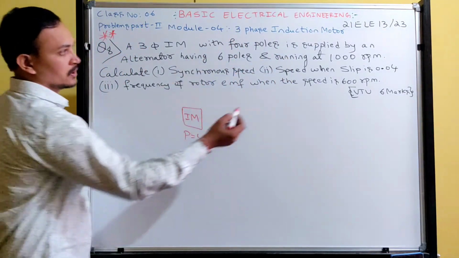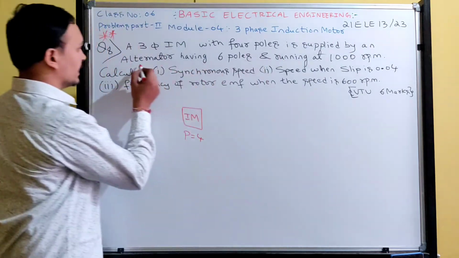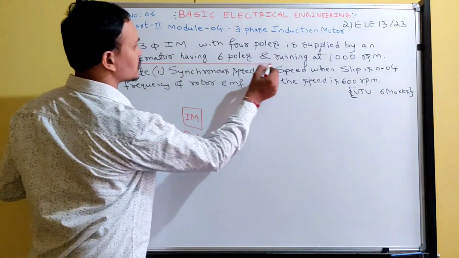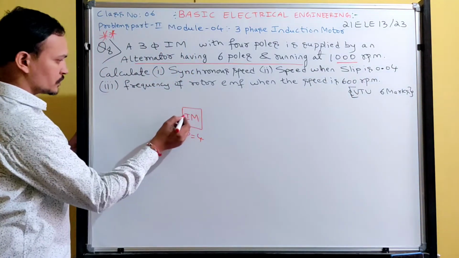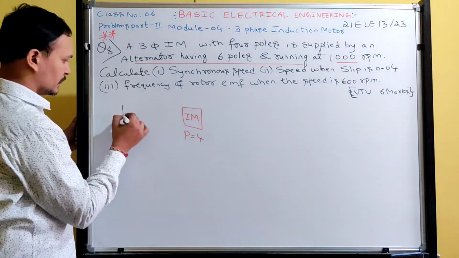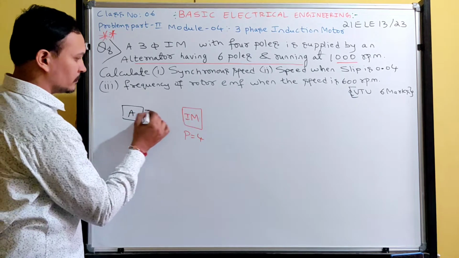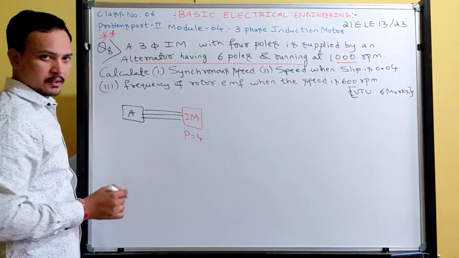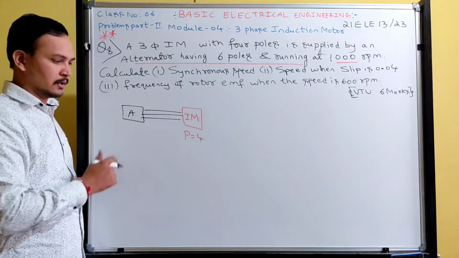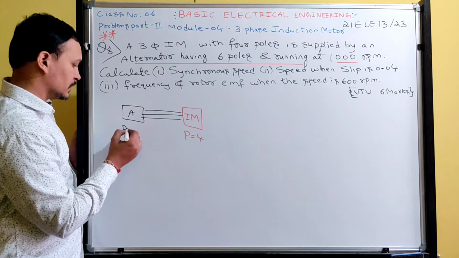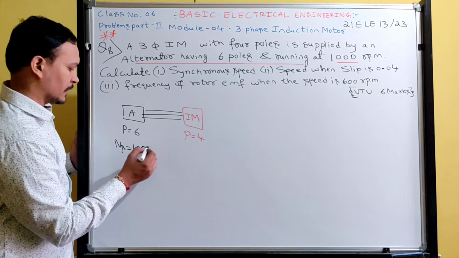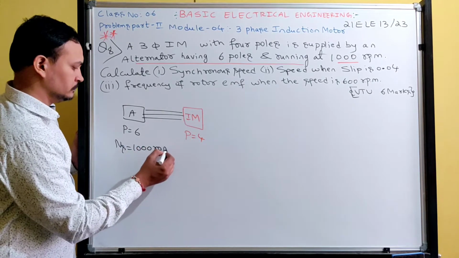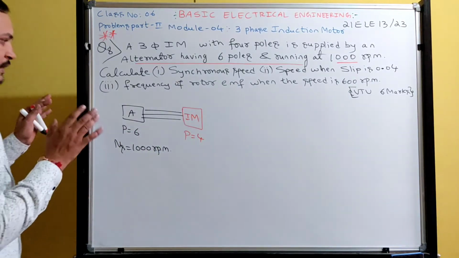This induction motor is supplied by an alternator having 6 poles and running at 1000 RPM. So this induction motor is getting supply from the alternator. Got it? This is the data.